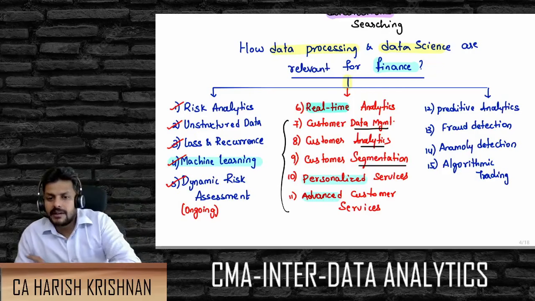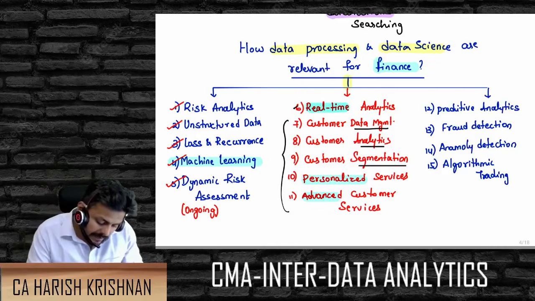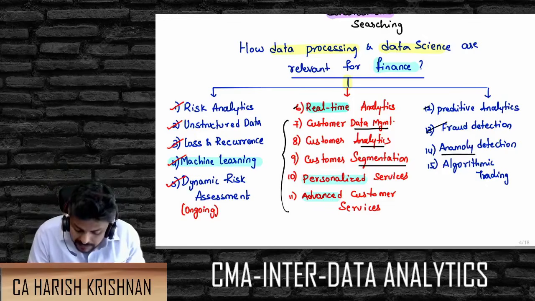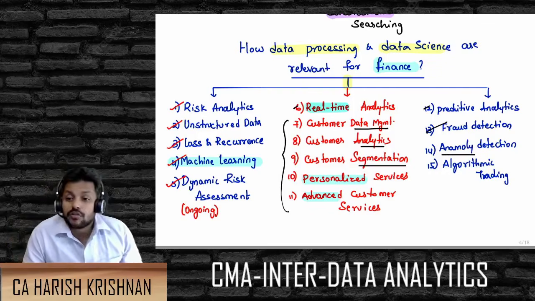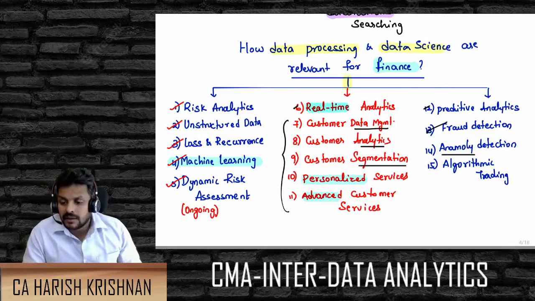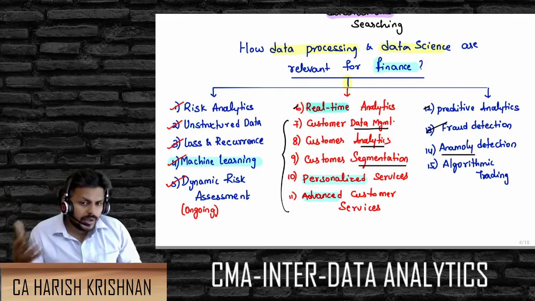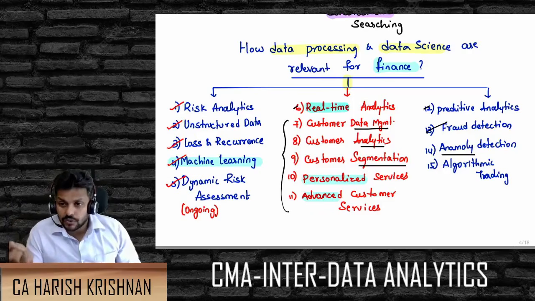If you move to real time analytics, the last part is all about analytics and detection. So real time analytics, predictive analytics, fraud detection, anomaly, something that is not representative, what we call outliers, right? Those are anomalies. And also today in algo trading or algorithmic trading, by the time we finish the syllabus, everybody will understand, because towards the end of the syllabus we talk about concepts like algo trading, where artificial intelligence is used, where the system knows when to process the order.